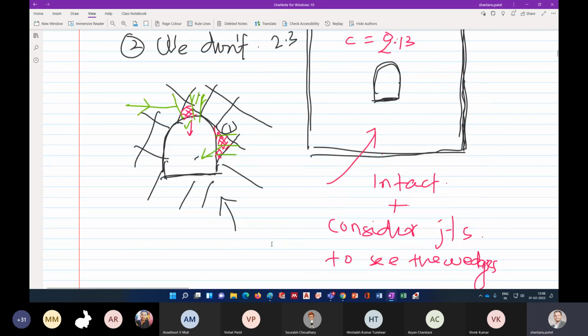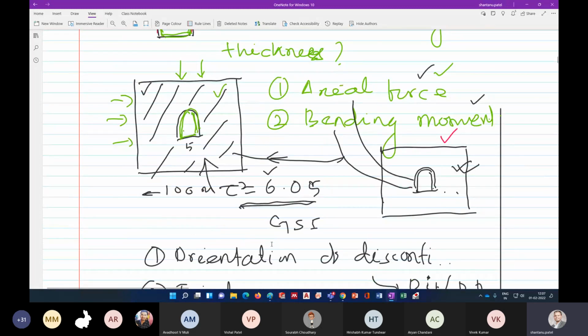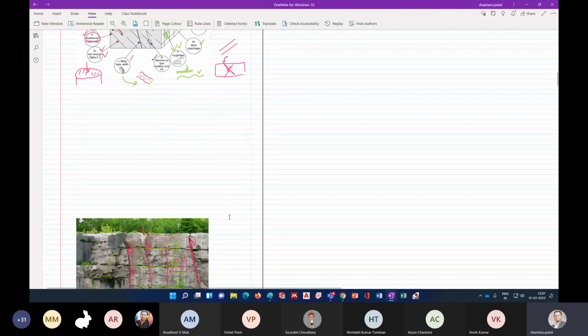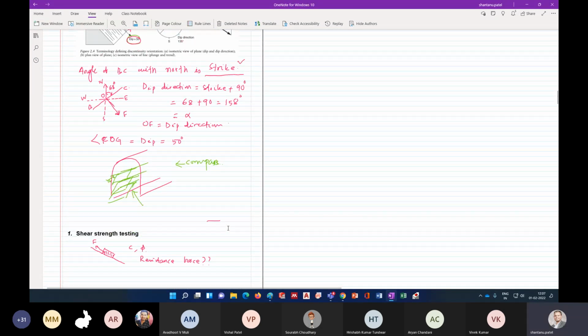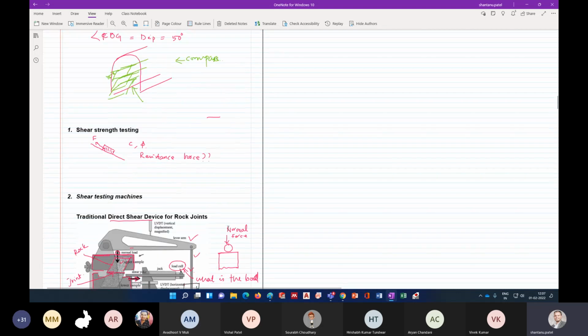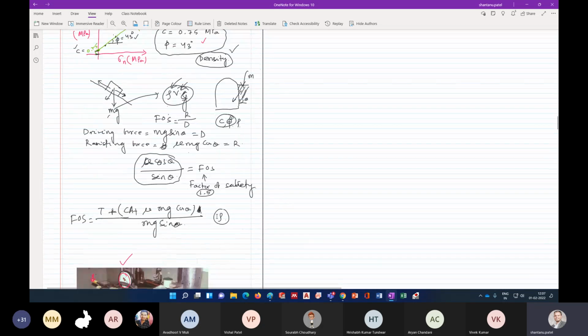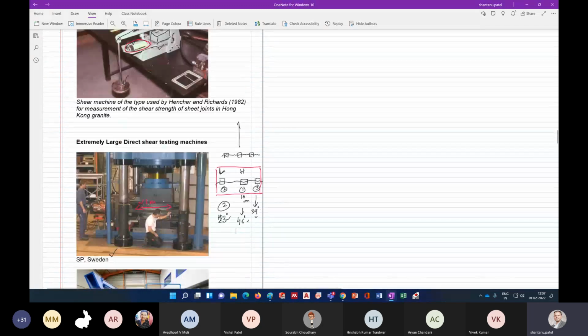So yesterday we were learning about these joints. What are these joints, and what are their properties? How do we get the orientation of those joints? And then we talked about how to get the cohesion and friction of these joints using our direct shear testing machine.